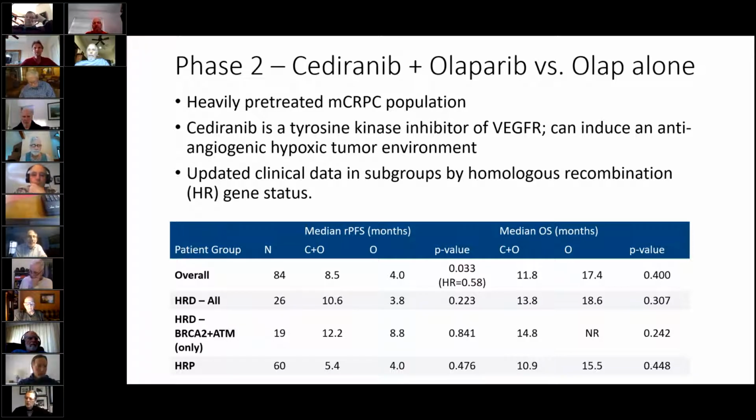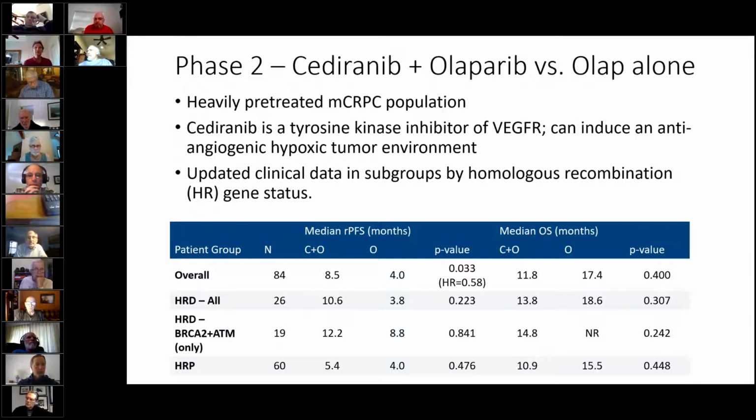So the importance of this is that cediranib can induce anti-angiogenic hypoxic tumor environments. Anti-angiogenic means it prevents blood vessels from forming in the tumor microenvironment, and of course, without a blood supply, the tumor is going to die.